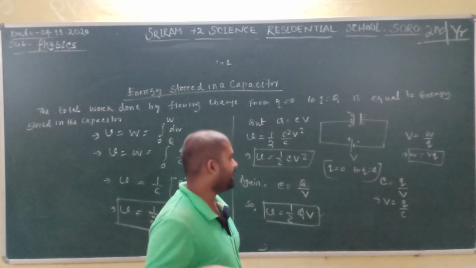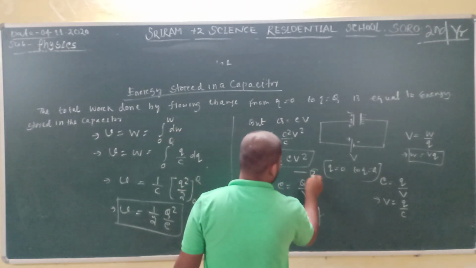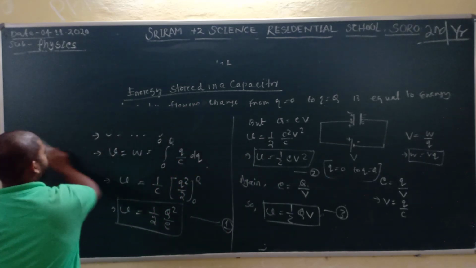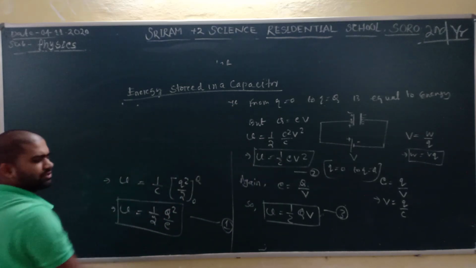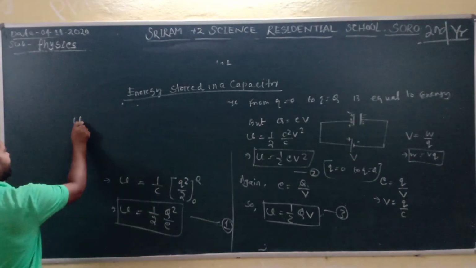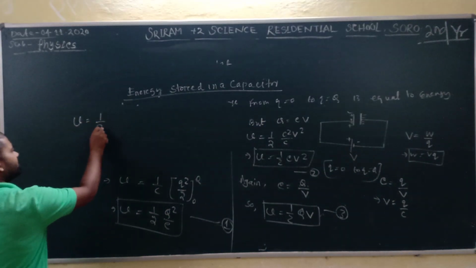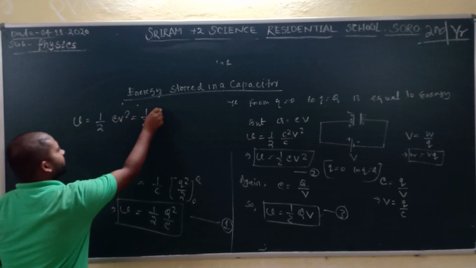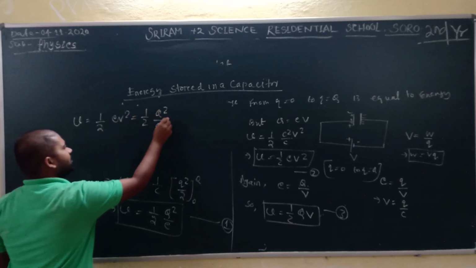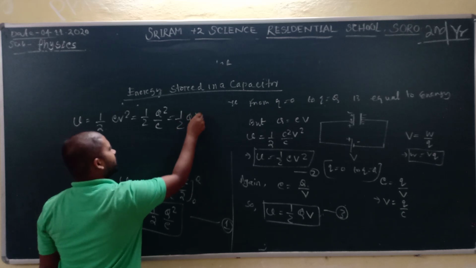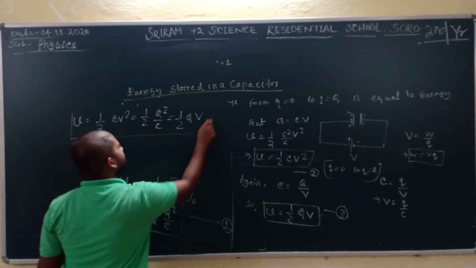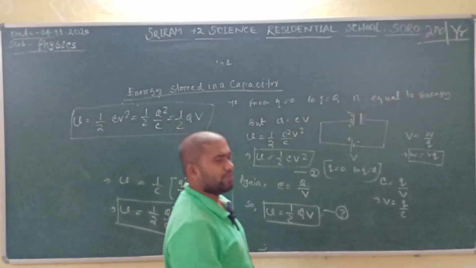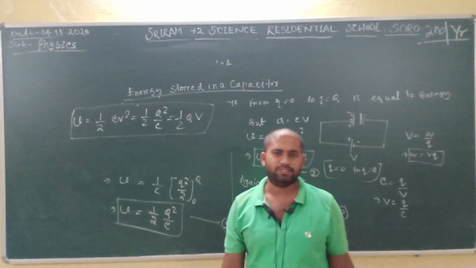So as a whole, if we write equations 1, 2, 3 in combined form, the energy stored in a capacitor equals half CV square, equals half Q square by C, equals half QV. This gives the value of energy stored in a capacitor.